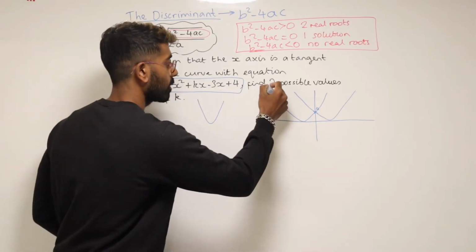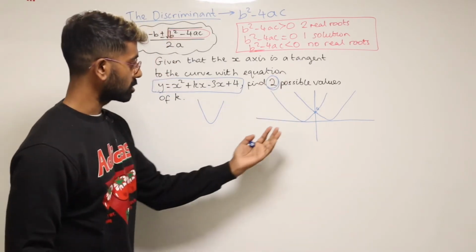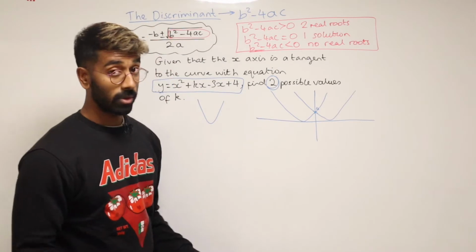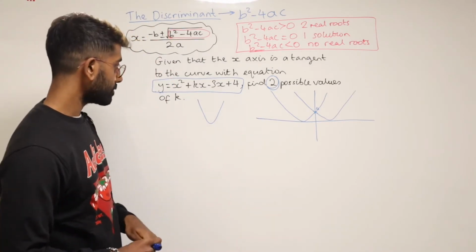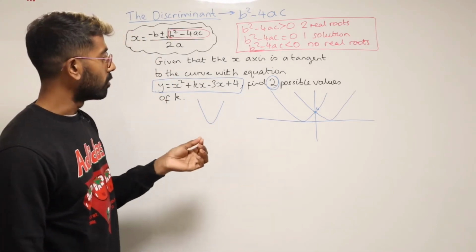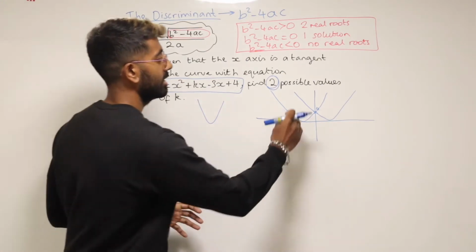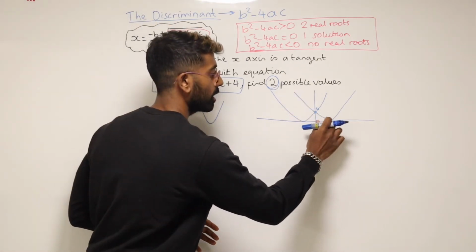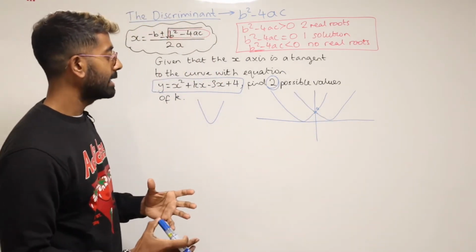And so maybe that's why it says find two possible values, because it could look like either one of these sketches that I've drawn.